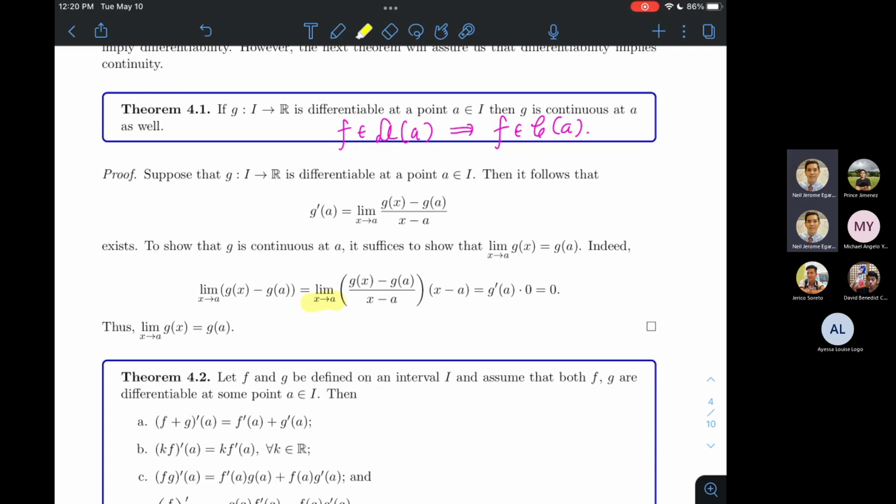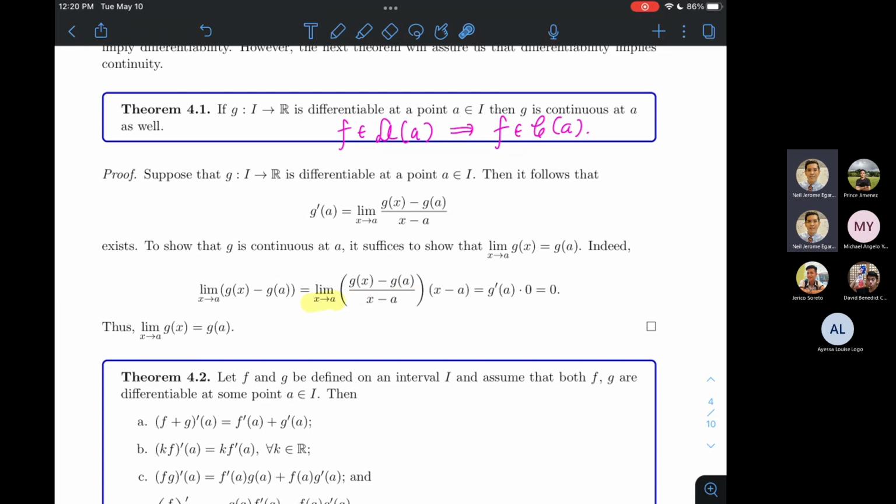So si x paparating pa lang kay a. So ibig sabihin yung x minus a, hindi pa yan magze-0. Kasi palapit pa nga lang si x papunta kay a. So this could be an infinitesimal number, but it is not exactly 0. And division by a very small number is allowed. Ang hindi lang pwede ay mag-divide tayo ng eksaktong equal kay 0. Okay? So that's why valid na mag-divide ng x minus a.